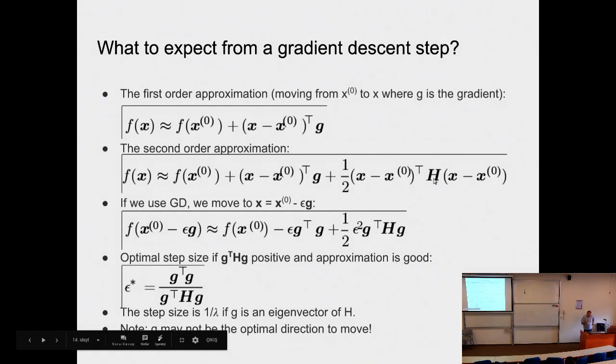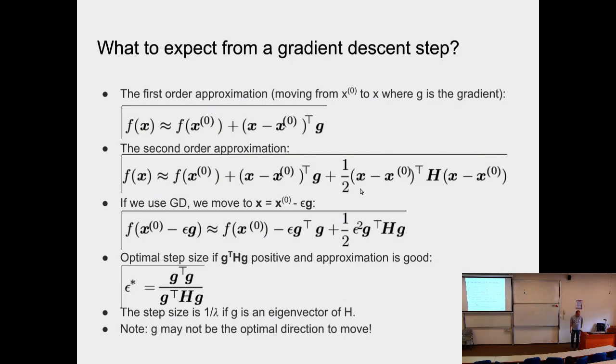All right. So let's say I take a step from x0 to x. Okay? So x0 is my starting point, x is the point that I move to, and if I write the Taylor expansion and try to approximate f of x, then the first order approximation says f of x should be the same as f of x0 plus however long this step was dot producted with g.